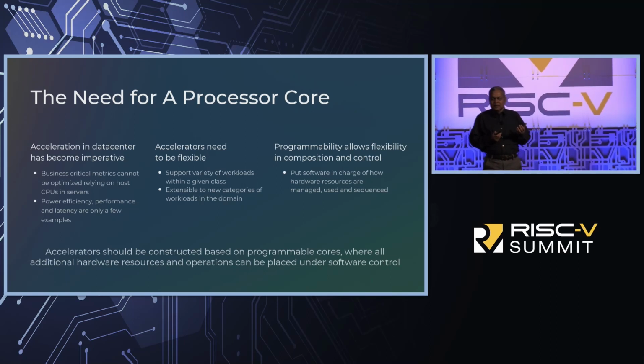And the third aspect is obviously programmability, which allows flexibility in composition and control. Essentially, we want to put software in charge of how we stimulate our hardware resources and how they are managed, used, and sequenced to accomplish the end task.